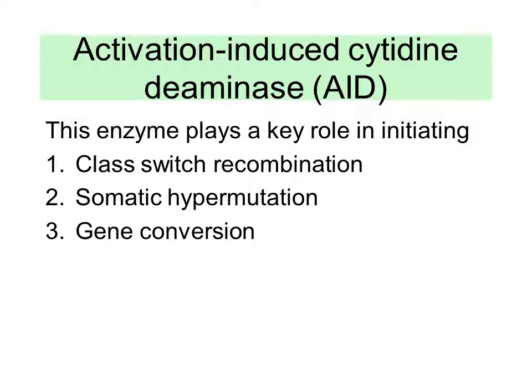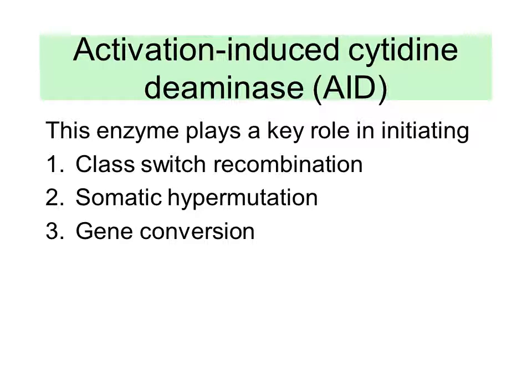And recently, in the last couple of years, we have also identified an enzyme called activation-induced cytidine deaminase, AID. It plays a very important, key role in initiating class switch recombination.